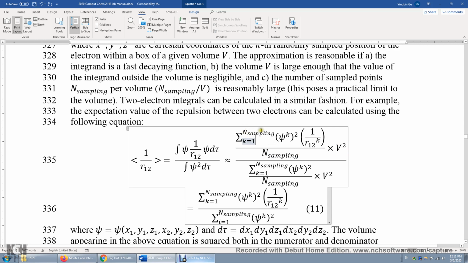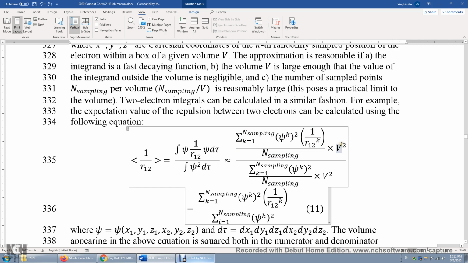Therefore, you see this random sampling here. And in this lab, we sample, I think, 40,000 different cases. In each case, the two electrons are placed at random positions. And this is just the squared modulus of psi, and this is the repulsion term.